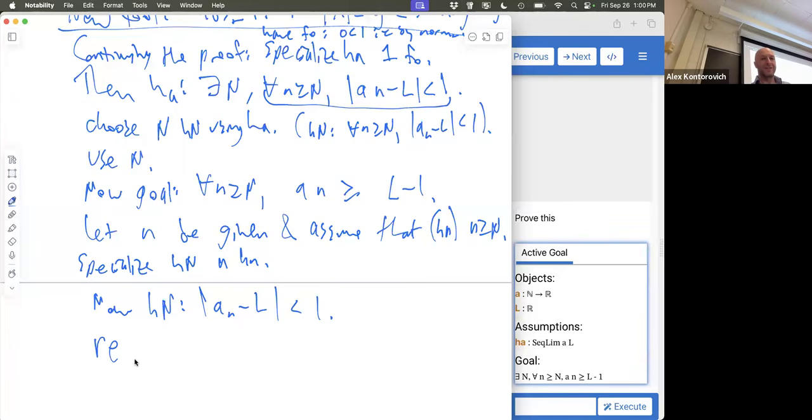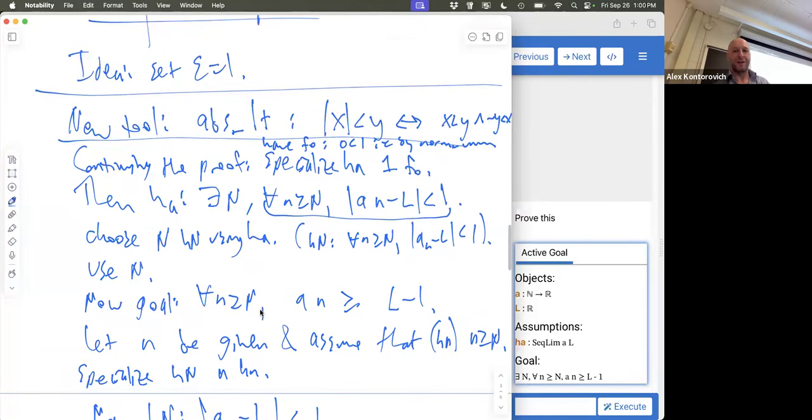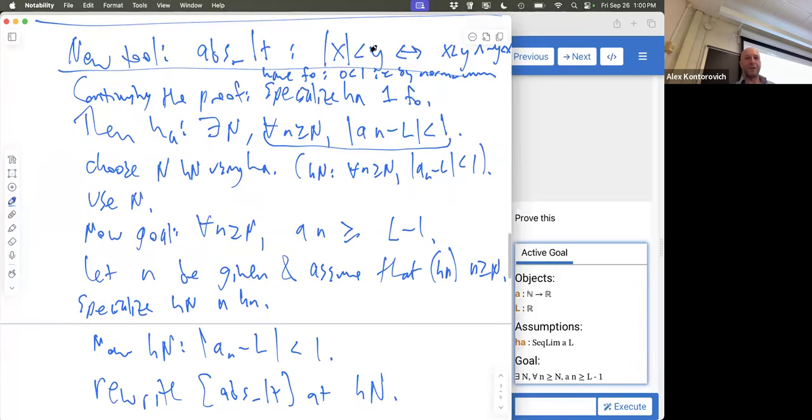So rewrite, here's our new fact, AbsLe at Hn. AbsLe is going to look for the left-hand side, an inequality. It's going to look for this shape.